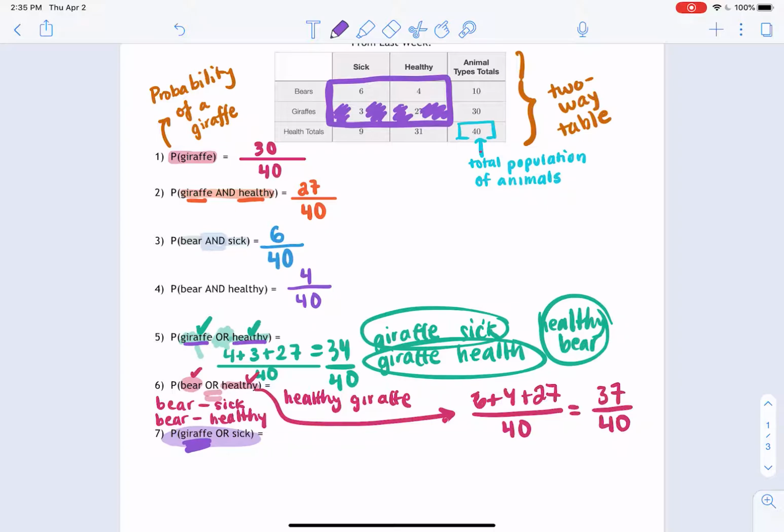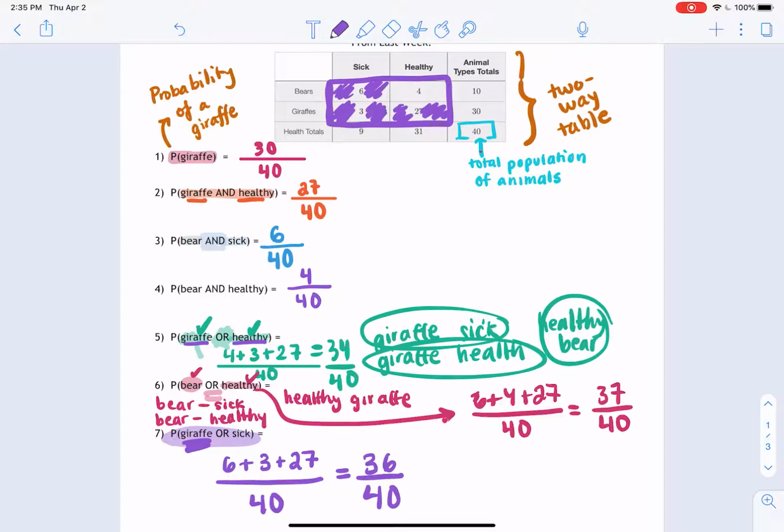What fit the categories of sick? Here and here. Oh, we've already colored it. And then we're going to add up the colored boxes. All 3 of those boxes fit the category of giraffe or sick. And we're going to add them up, and we'll get 36 out of 40.